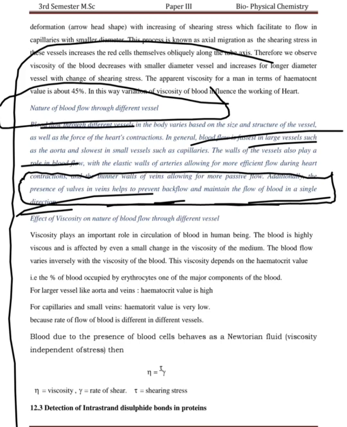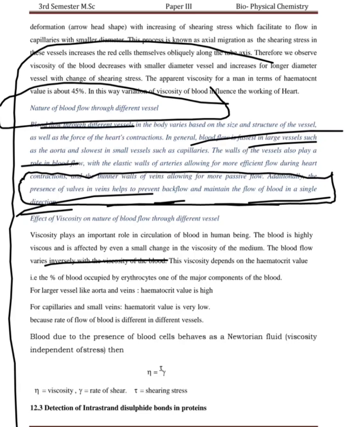So viscosity plays a very important role in the circulation of blood in the human body. Blood is highly viscous, and is affected by even a small change in the viscosity of the medium. The blood flow varies inversely with the viscosity of the blood.